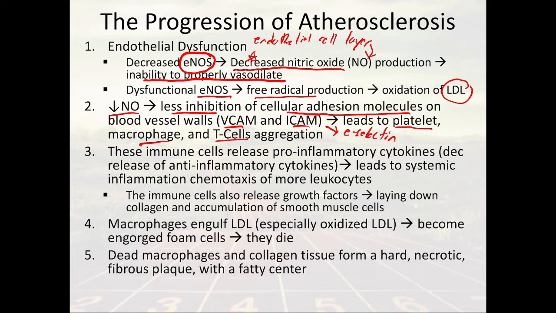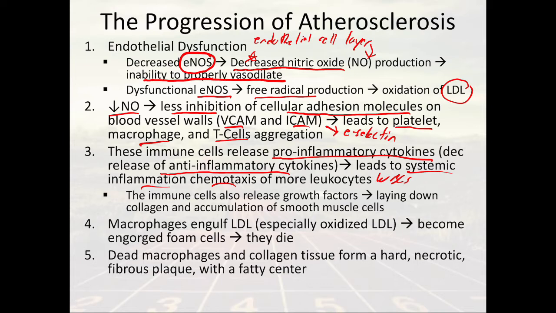Those immune cells release pro-inflammatory cytokines. So we see increased pro-inflammatory cytokines, and we also see decreased anti-inflammatory cytokines. That leads to systemic inflammation and chemotaxis, which just means all those leukocytes, or white blood cells, coming to that area. They're all getting called in to help.